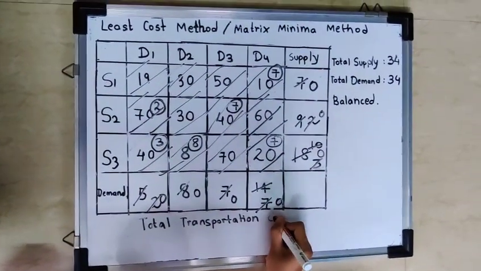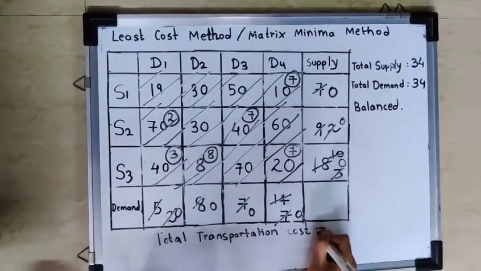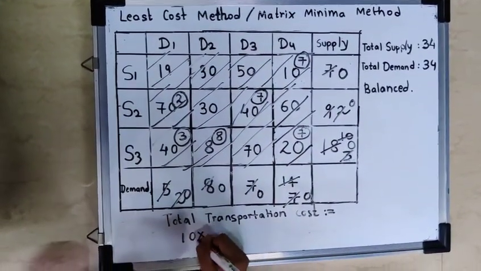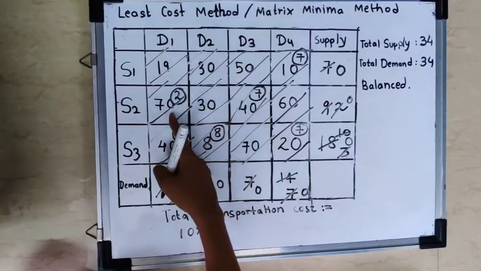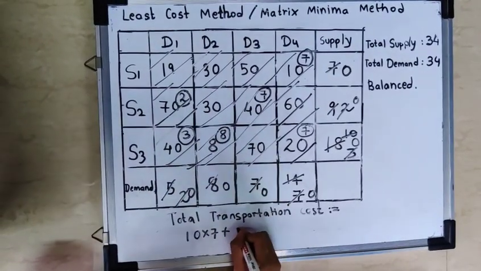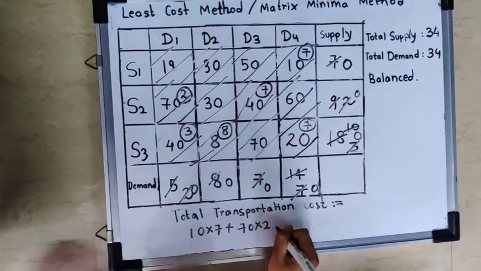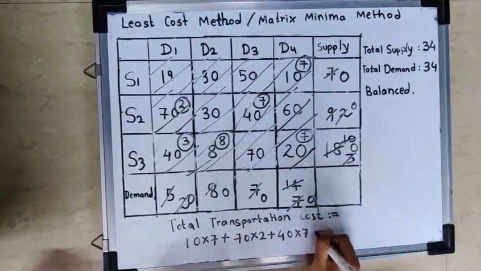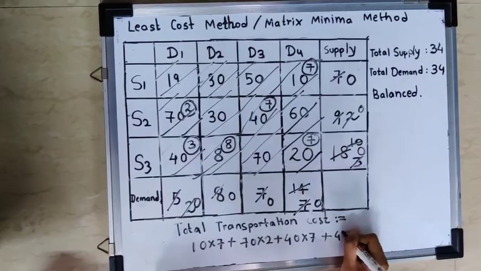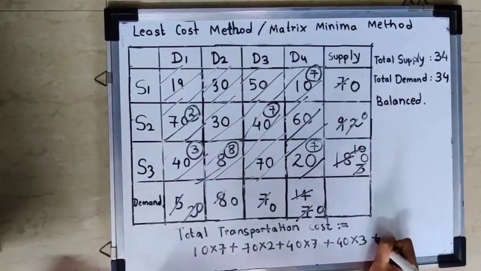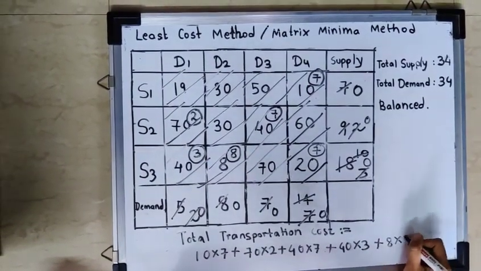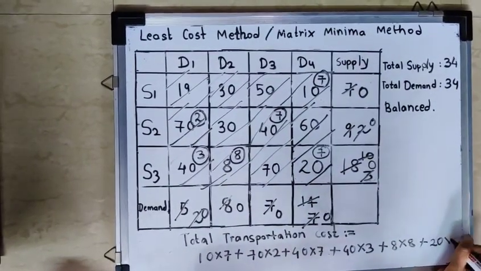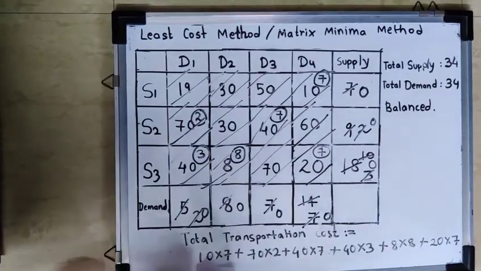So the total transportation cost will be 10 into 7, plus 70 into 2, plus 40 into 7, plus 40 into 3, plus 8 into 8, plus 20 into 7.